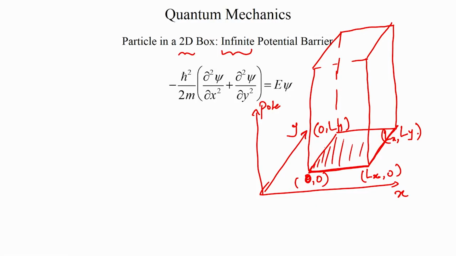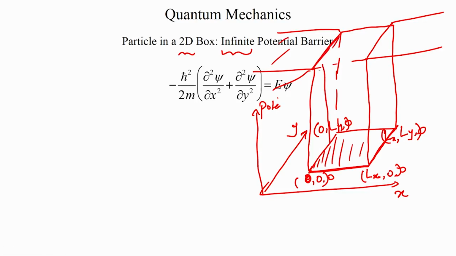The potential of the floor of this box is 0. And the potential in the regions outside this box, since it's a hollow box with space all around it, is infinitely tall.